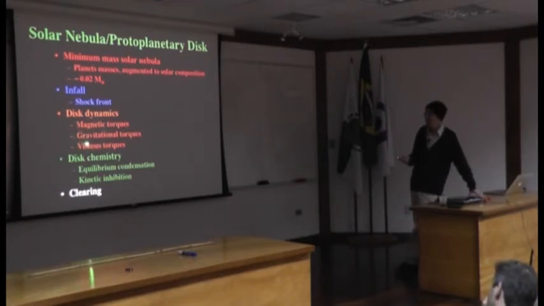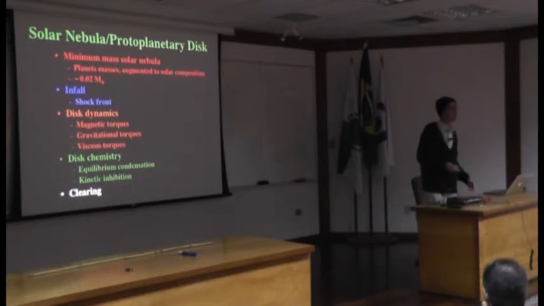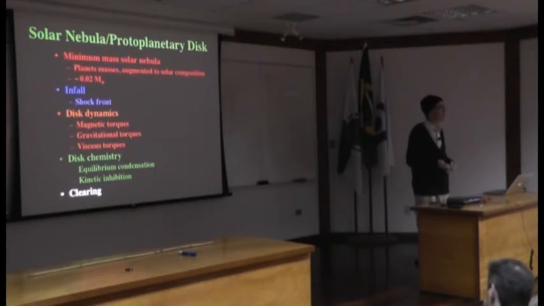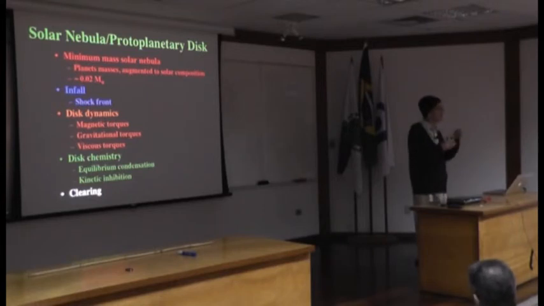Dynamics are governed by magnetic torques, gravitational torques, viscous torques, but because of the fundamentals of conservation of mass, conservation of angular momentum, and dissipation of mechanical energy, you get material falling in to the lowest energy state for a given angular momentum.